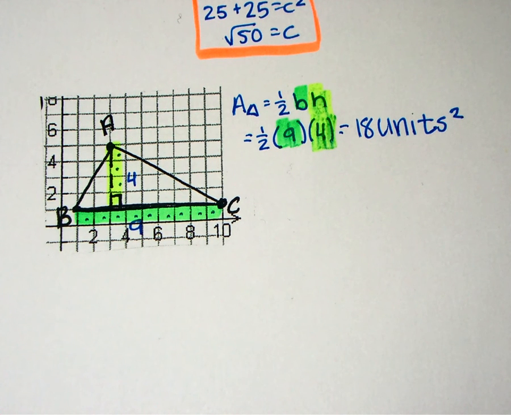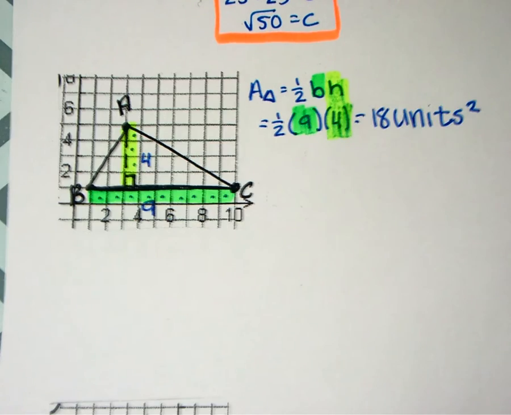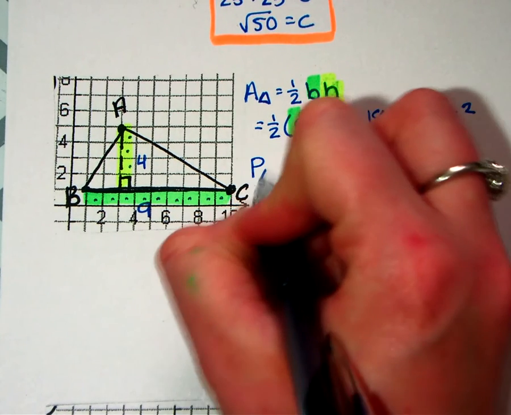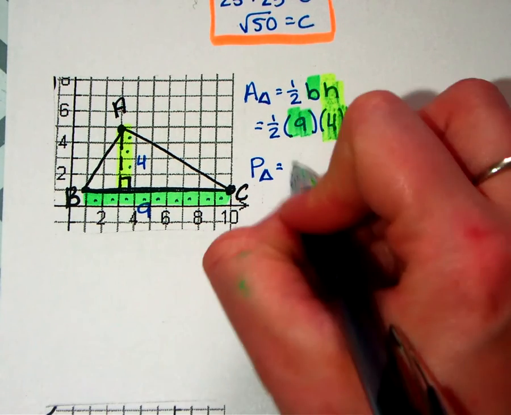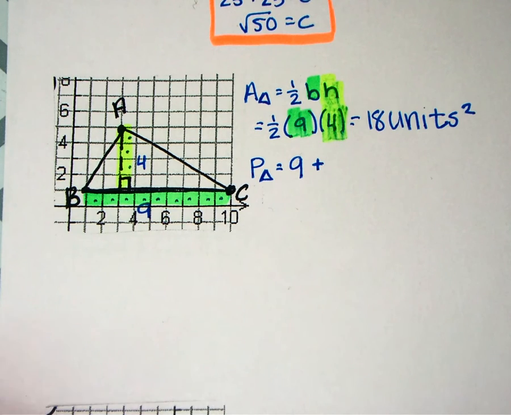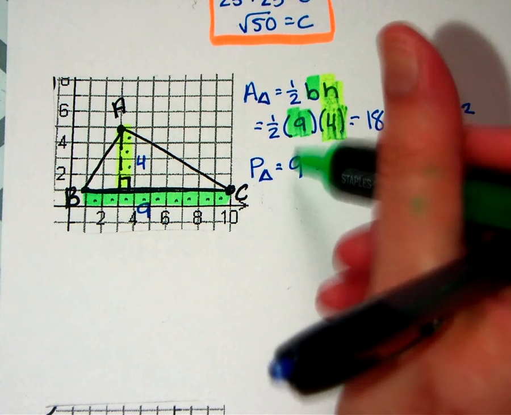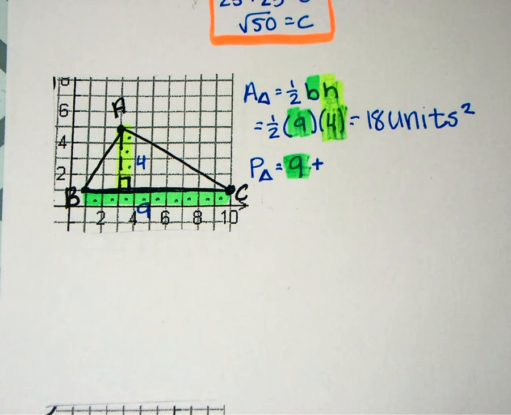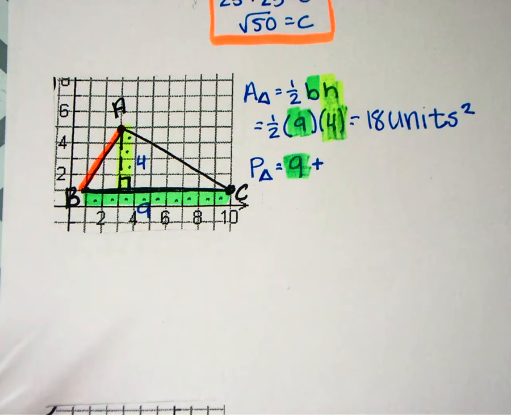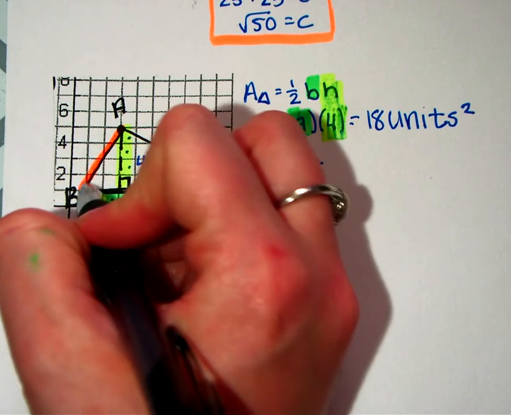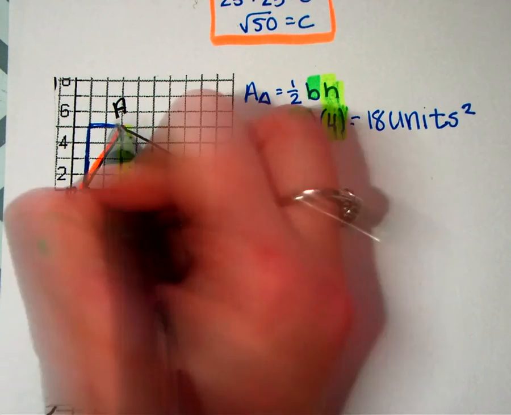Perimeter is a little bit more tricky. It actually takes slightly longer because in order to calculate the perimeter of this triangle, we already have one side that is 9. So we know we're going to have the 9. That's our base. But now we actually need to calculate 2 Pythagorean theorems. I need to know the length of AB, so let's start there first. I'm going to build the right triangle off of it.